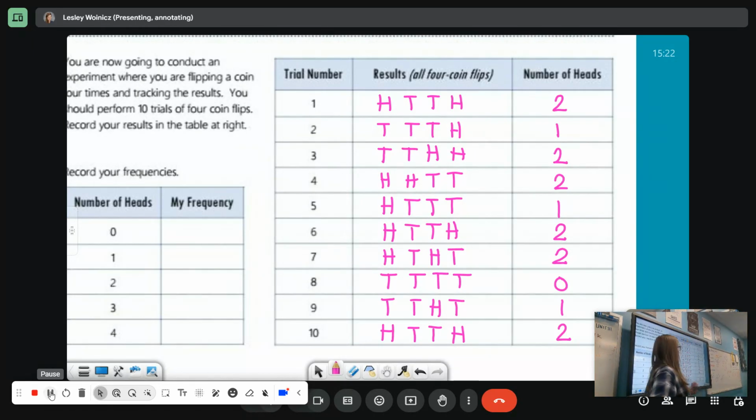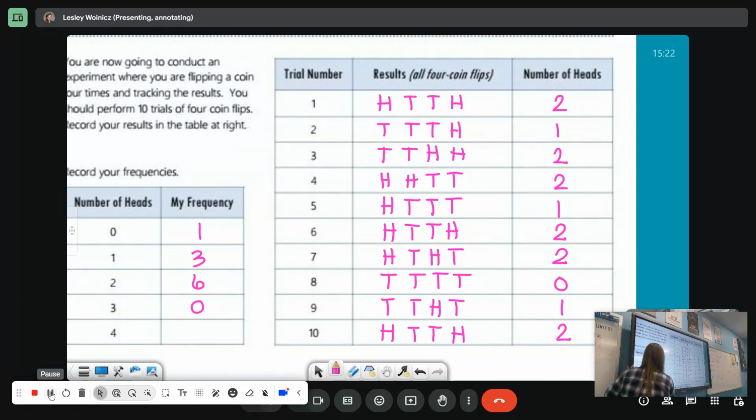We're going to translate this into a frequency. So, for example, how many times did I get 0 heads? Only once. How many times did I get 1 head? 3. How many times did I get 2 heads? 6? Sorry, I doubted you. It is 6. How many times did I get 3 heads? 0.